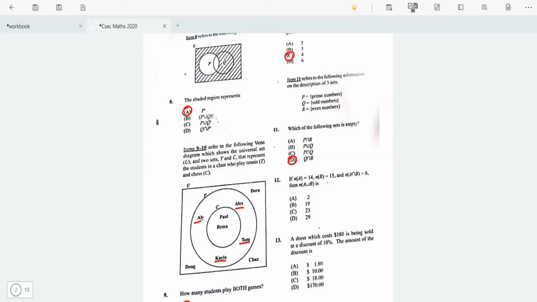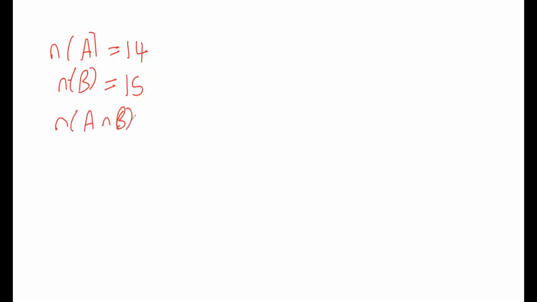Come on, let's go. So the number of elements in A is 14. The number of elements in B is 15. And the number of elements in A intersect B is 6. So the number of elements in A union B, please remember this formula.